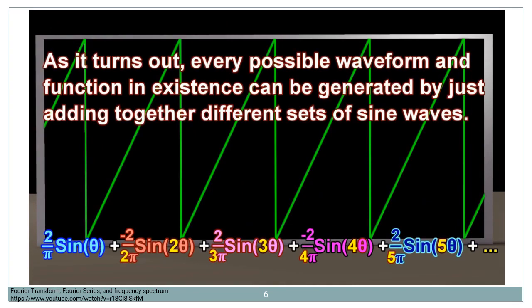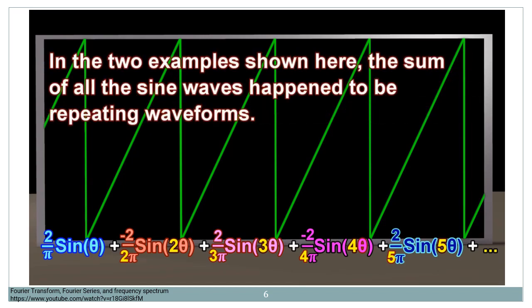As it turns out, every possible waveform and function in existence can be generated by just adding together different sets of sine waves. In the 2 examples shown here, the sum of all the sine waves happened to be repeating waveforms.